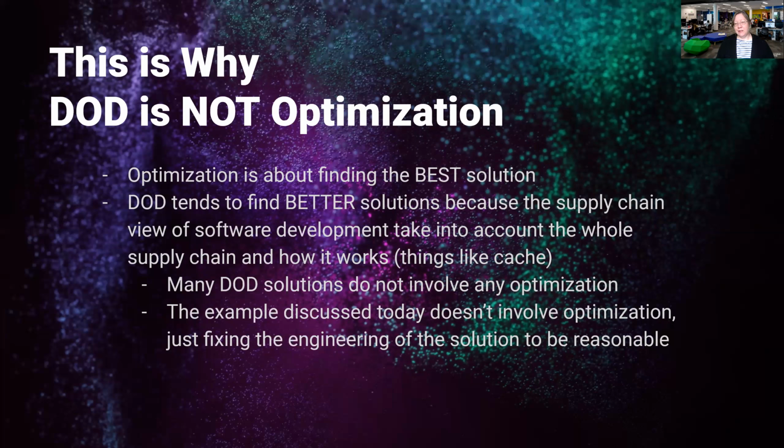Things like cache, if it's good for the cache, it's good for your soul, it considers all of that, and many data-oriented design solutions don't actually involve real optimization. In fact, the problem discussed today, which is a really, really simple problem, does not involve optimization at all. So data-oriented design is not equivalent to ECS, and it's not equivalent to optimization. If you're doing data-oriented design, you're not necessarily doing optimization.